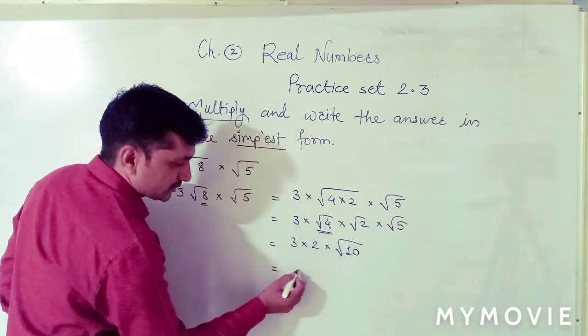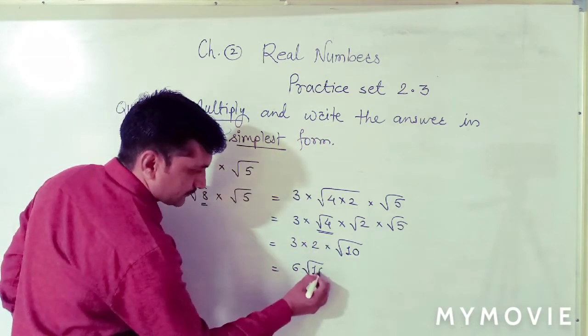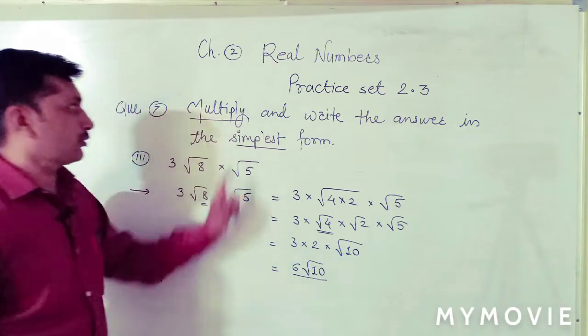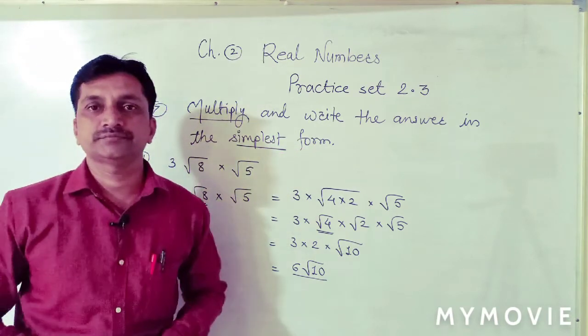Last step, 3 2s are 6, square root of 10. This is the simplest form and we multiplied.